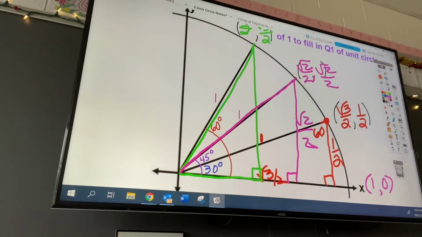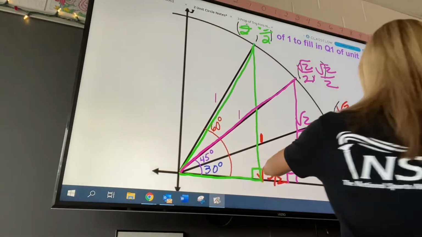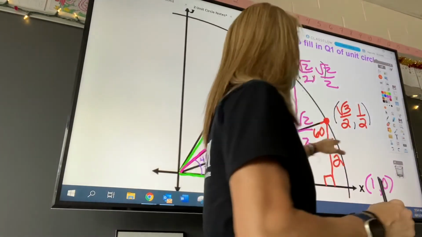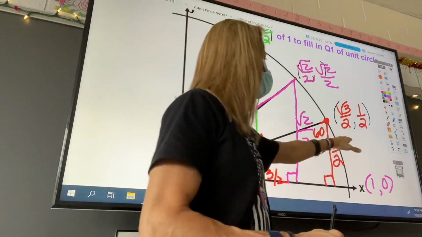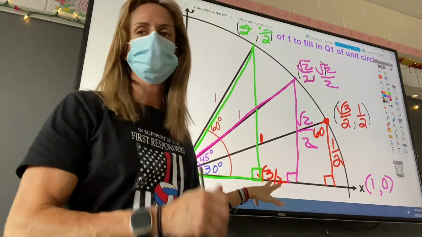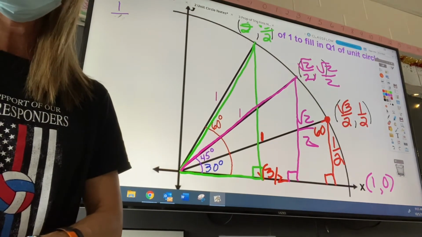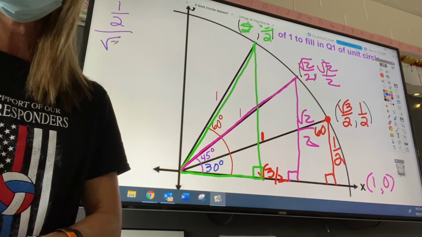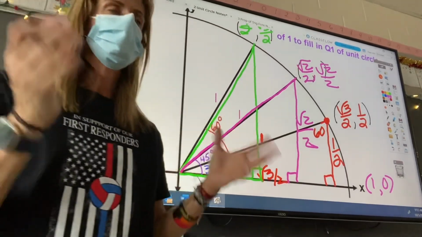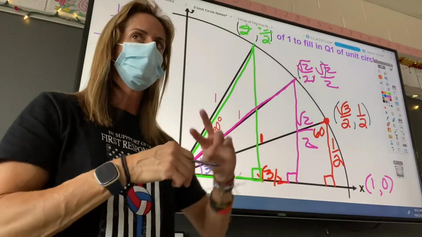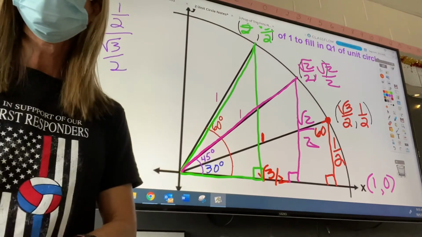So if I need to find the tangent of 30 degrees, it's going to be opposite over adjacent, or y over x, which is 1/2 over root 3 over 2. You don't have to do this every time because you're going to memorize it. 1/2 divided by root 3 over 2. We never divide by fractions, we always multiply by the reciprocal. So we keep change flip.